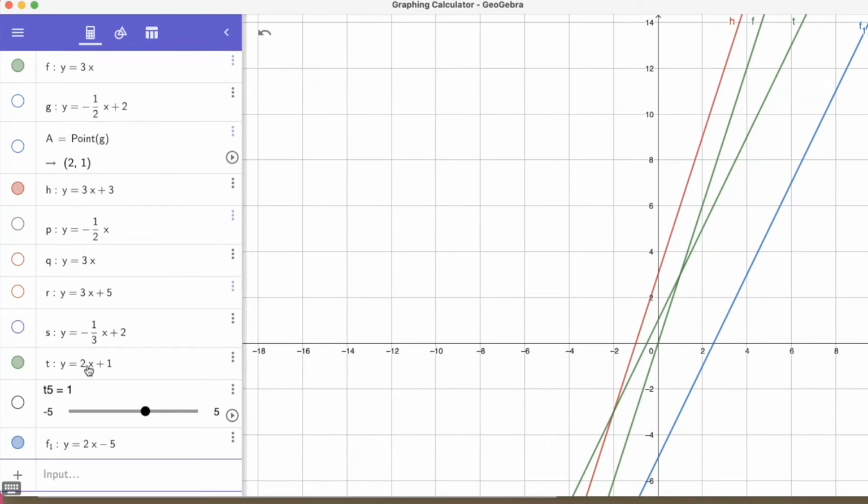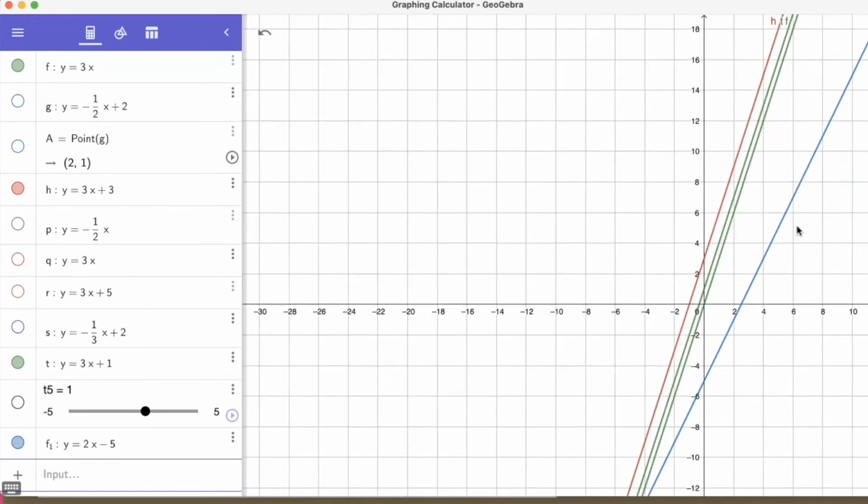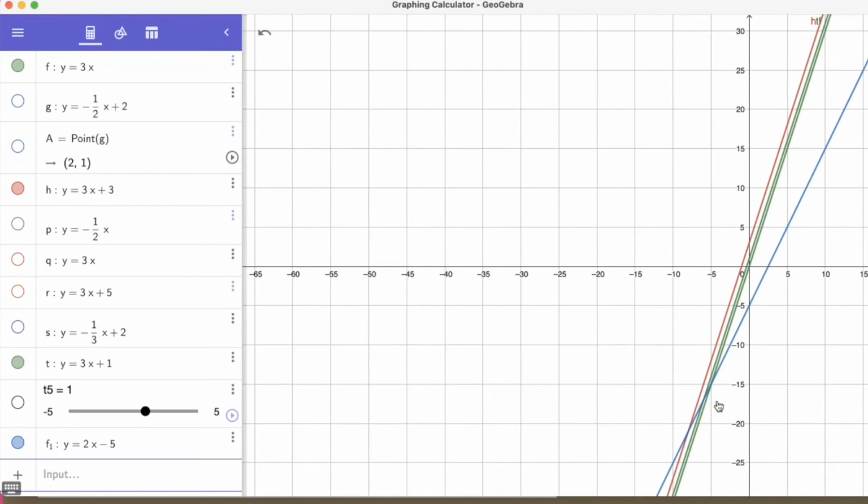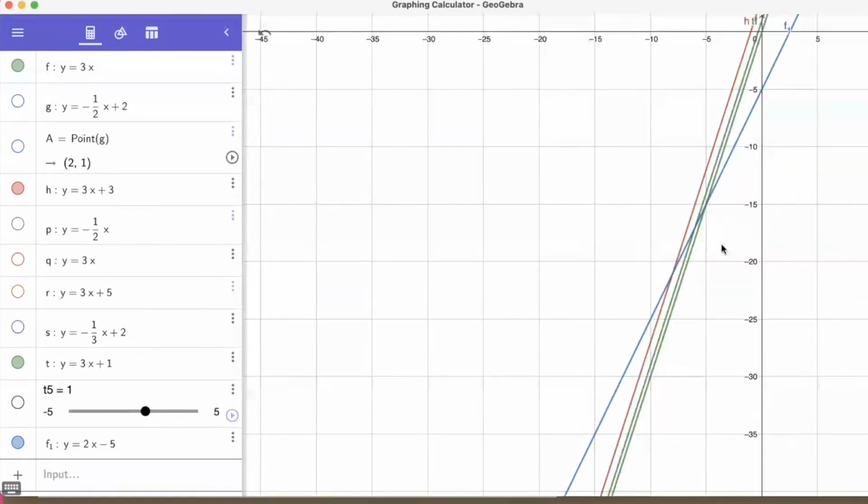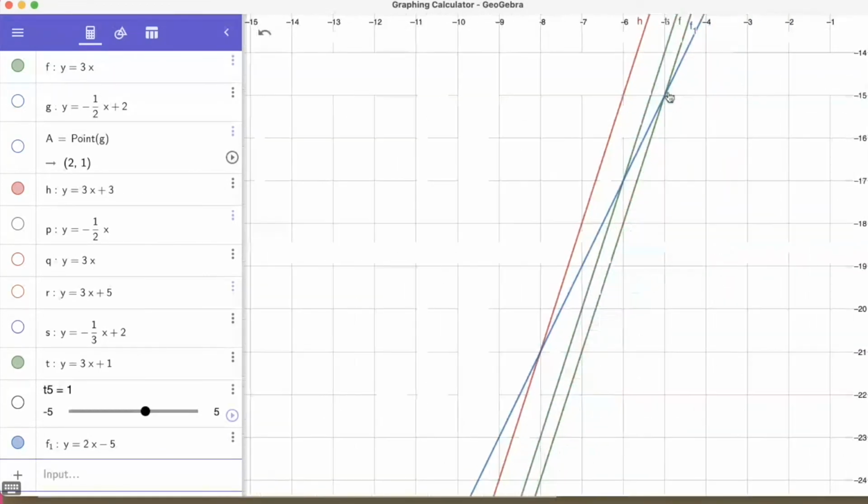Let's change the slope of the green one and make it 3. Can you see we got 3 lines that are parallel? All these lines have a slope of 3. But this one is not parallel. If you look carefully, it's intersecting all of them. It's crossing them. These 3 lines never cross each other.